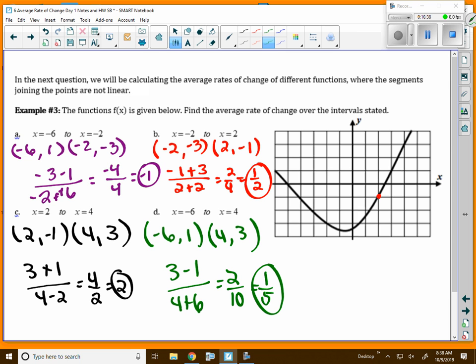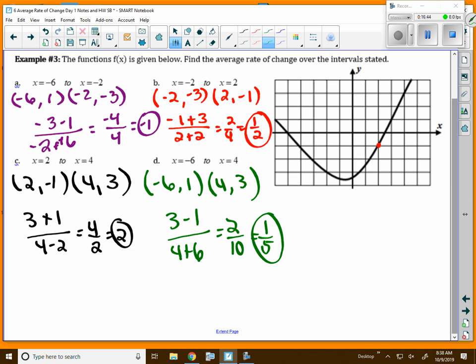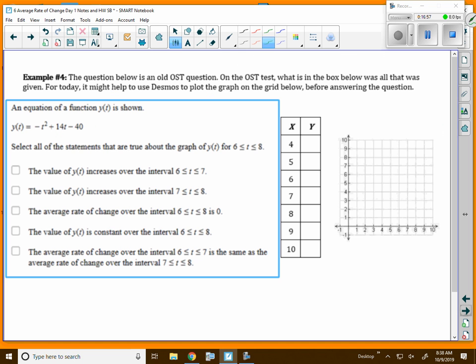Okay, you should end up with 2 over 10, which is technically reduced to 1/5. 1/5 for that one. Are you okay on that? Okay, questions before we move on?